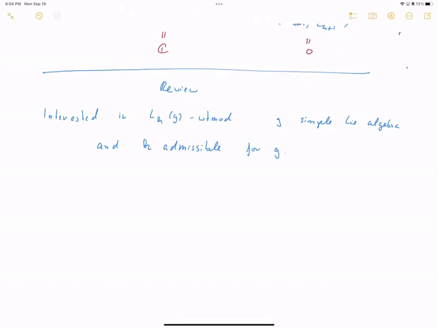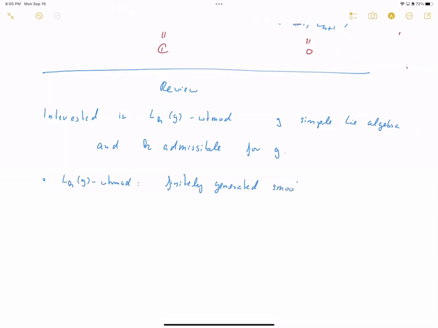Okay, and now what I presented last time in the very first place, I gave you four categories that I claimed are interesting. A big category that has as few conditions as possible, and then smaller categories that are better known. So this big category is called the category of weight modules. The objects are finitely generated.